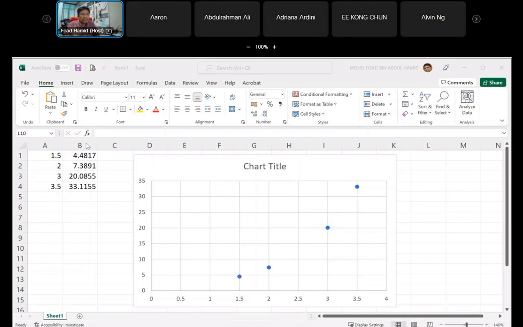Because nowadays Excel can do it for you, MATLAB can do it for you. But if you choose the wrong method, it will be wrong. So when to use regression and when to use interpolation is the most important thing.